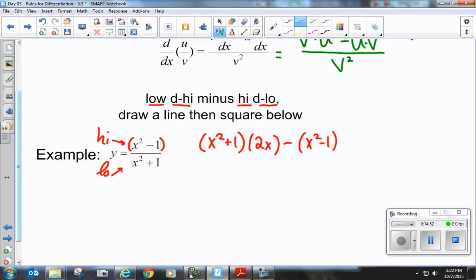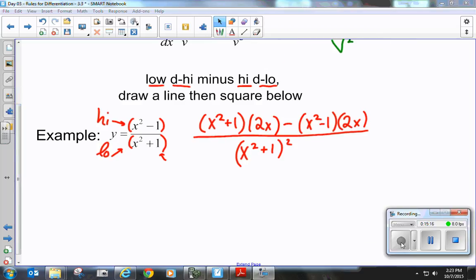What's the derivative of the bottom? Draw a line and square whatever's below. So it's x squared plus 1 squared. Let me write that. Yeah, it's in the notes where you can write it down.